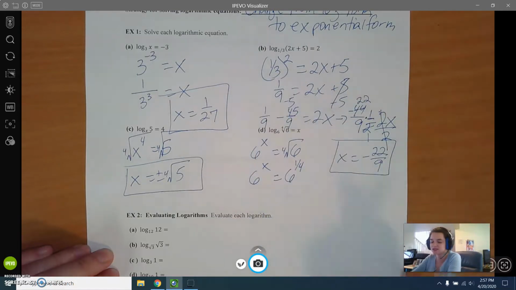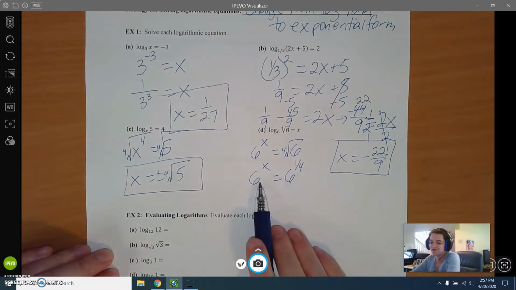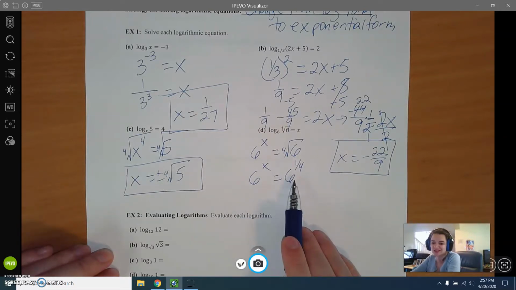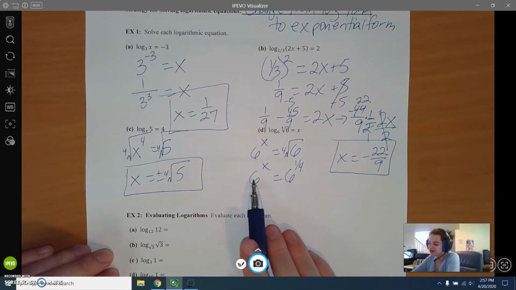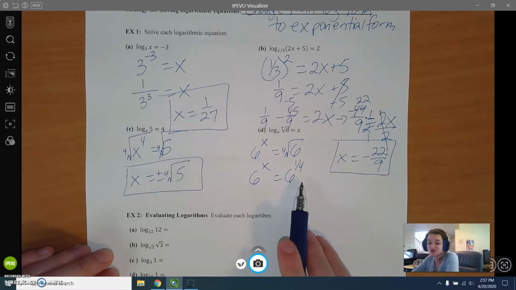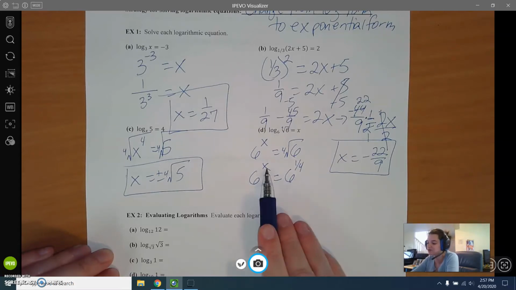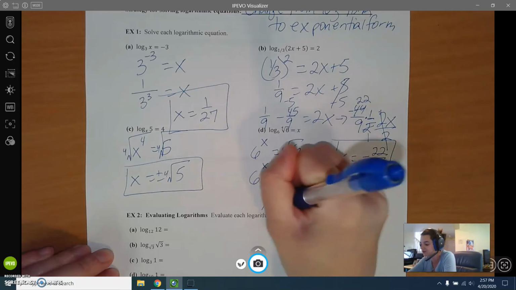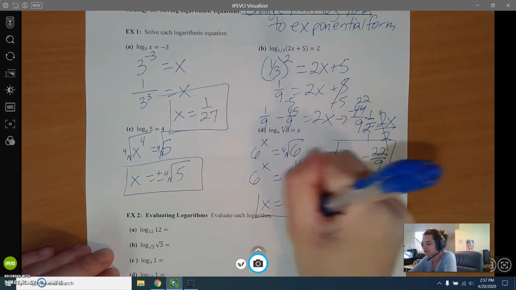So now I have 6 to the x equals 6 to the 1/4. And from exponentials, which we just finished last section, if you have two exponential expressions, they're equal to each other and they have the same base, you know the exponents have to be equal. So we'll know that x has to equal 1/4.